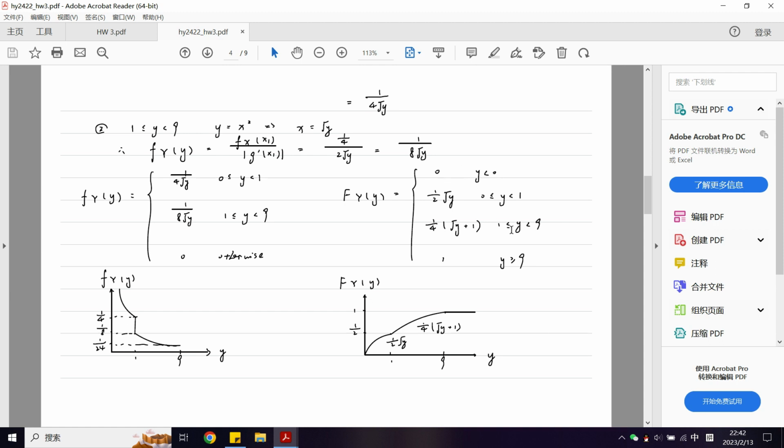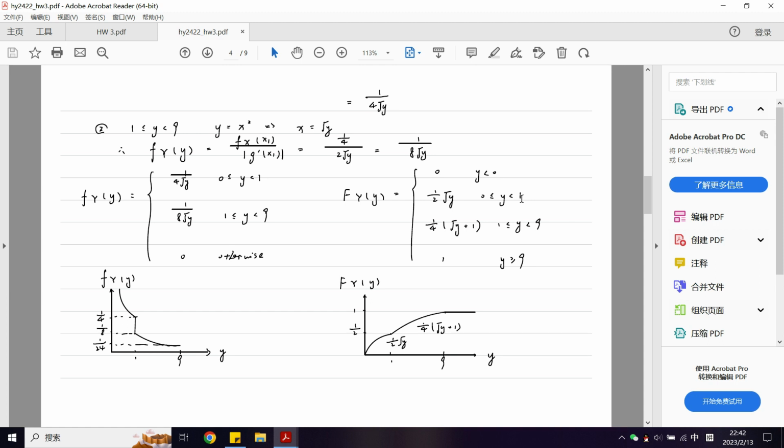Since we know small fy, we can get big Fy. If y is smaller than 0, it will be 0, and if y is larger than or equal to 9, it will be 1.